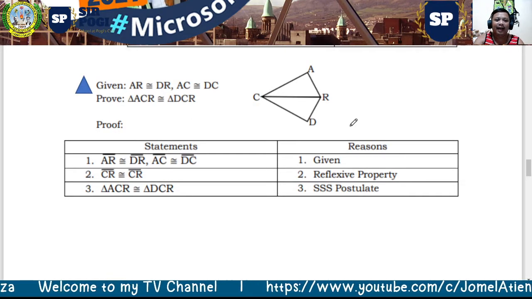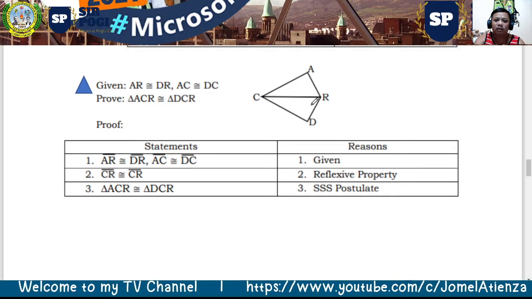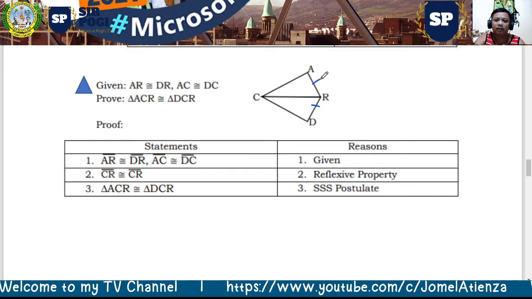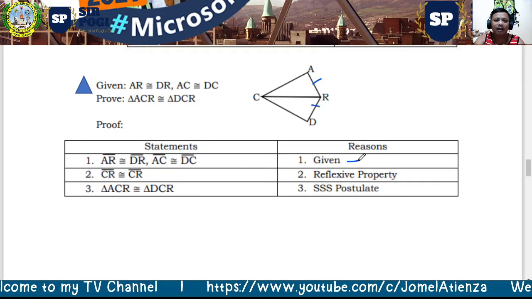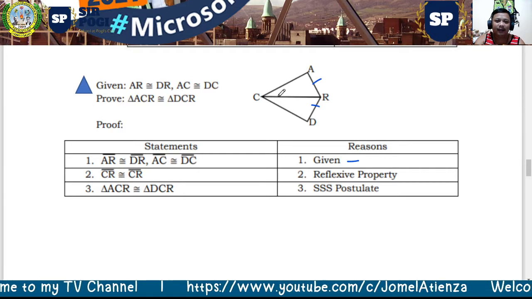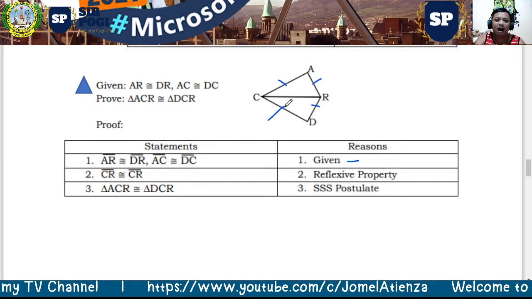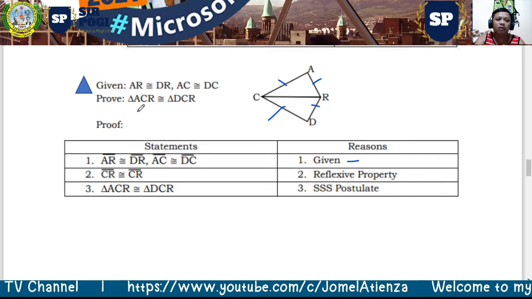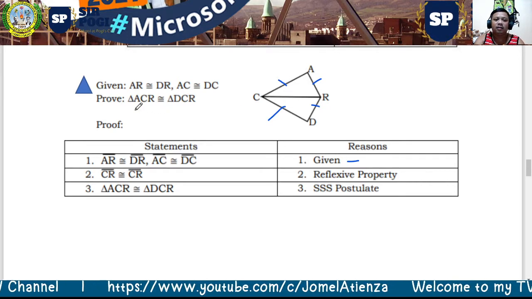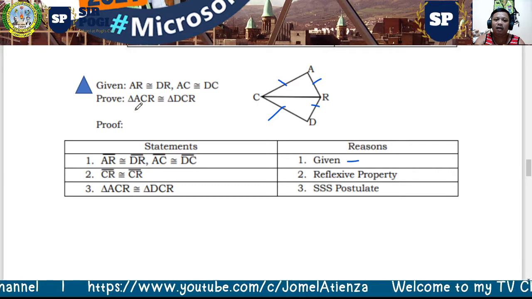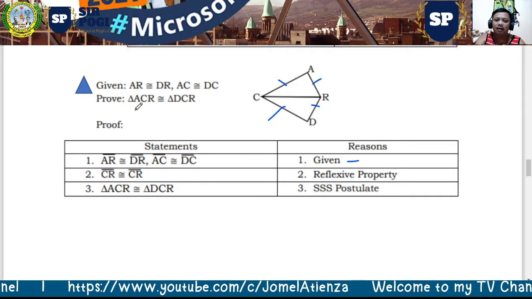Let us have the example. Given AR and DR which are congruent, and AC and DC are congruent. Let us prove that triangle ACR is congruent to triangle DCR.